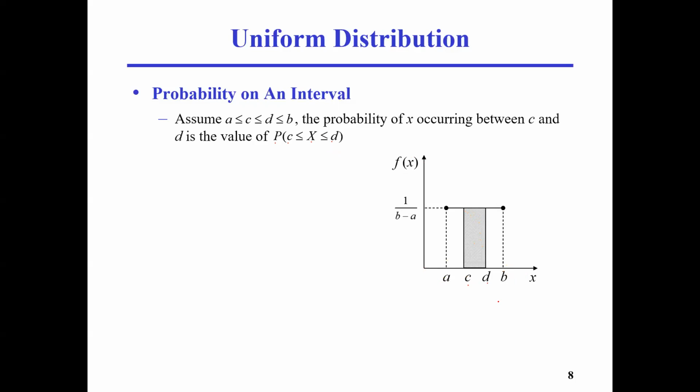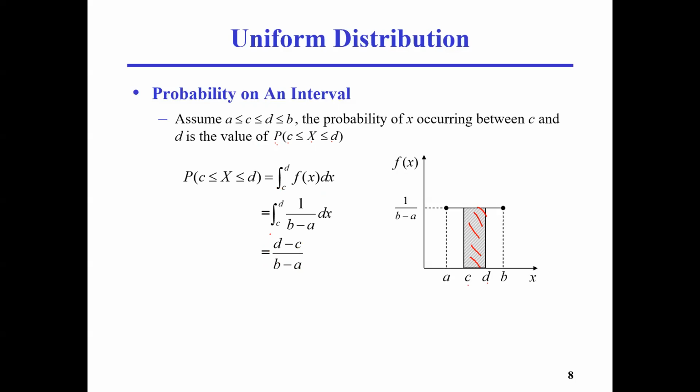And I have mentioned this multiple times, how to find that probability. You find the size of the shaded area defined by C, D, the x-axis, and the function itself. That size equals this probability. Of course, you can simply do the calculus here, and I will ignore the process because it's not a calculus class.